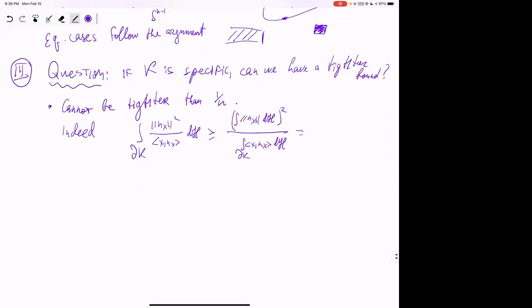But I claim that this exactly equals 1/n times 1 over the volume of K squared, since in fact the volume of K can be written as 1/n of this integral.